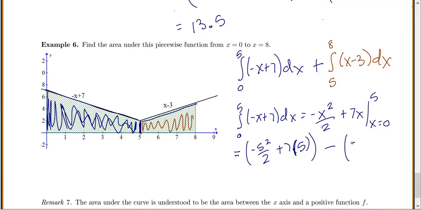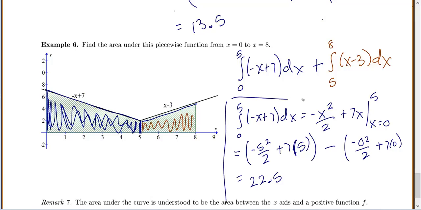Minus, and now I do it with the 0, so negative 0 squared over 2 plus 7 times 0, which is going to be 22.5. Sorry, we're kind of running out of room here.